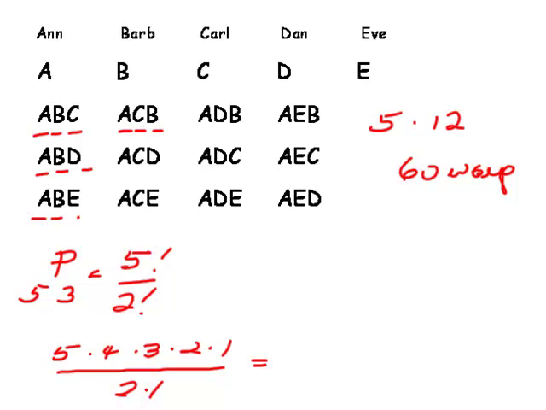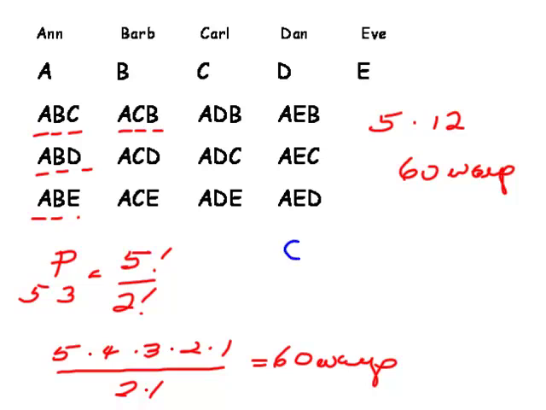This reduces, and we have 20 times 3, or 60 ways. Do you see? The 60 ways can be calculated with a permutation formula when order matters.